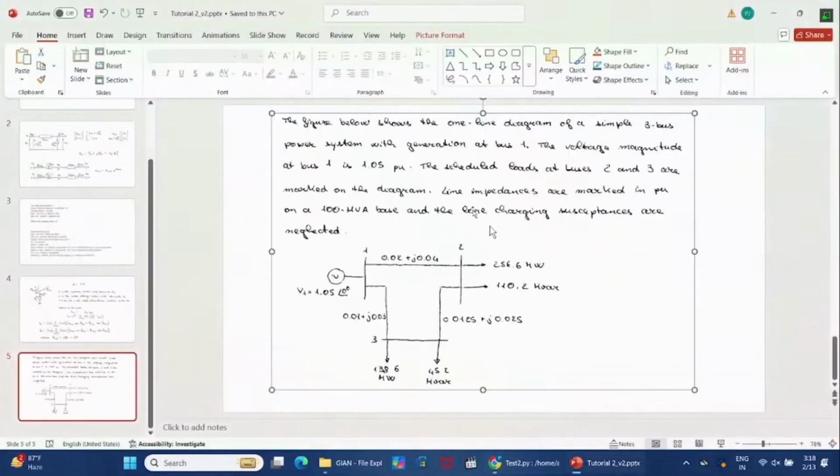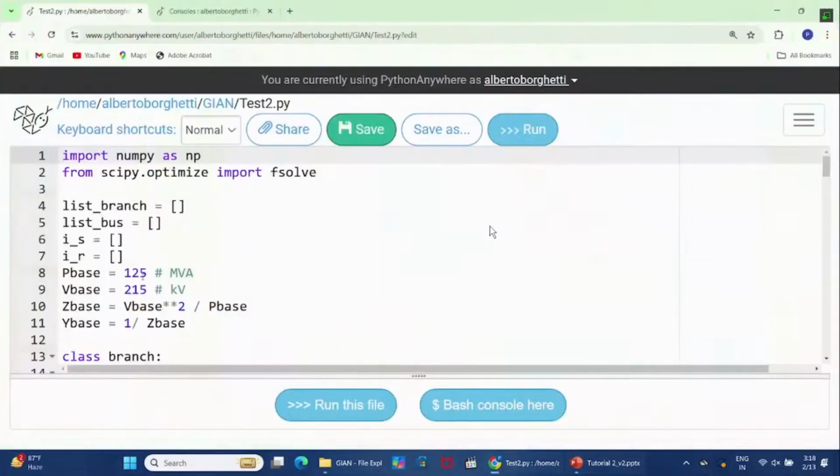Probably it says here that there is no indication for the power. The power is about 100 megawatt and so on. There is no indication, so I will prefer to use the simple P base equal to 100. I will not put something very specific, like 125, so this is 100.